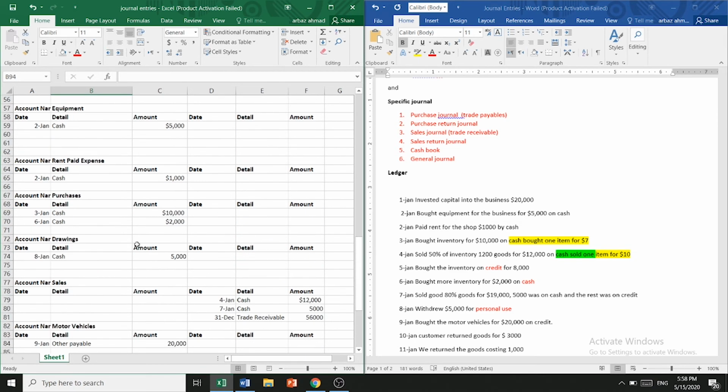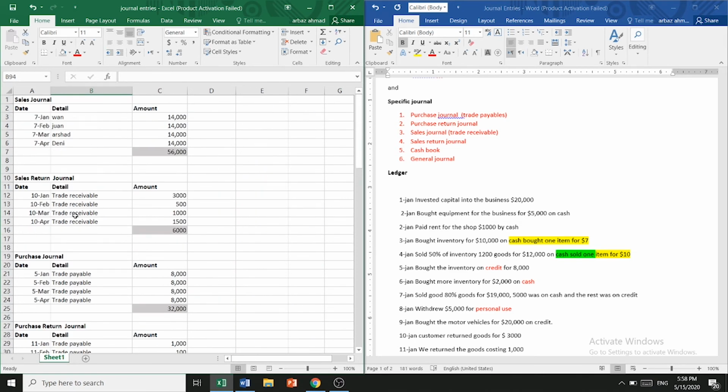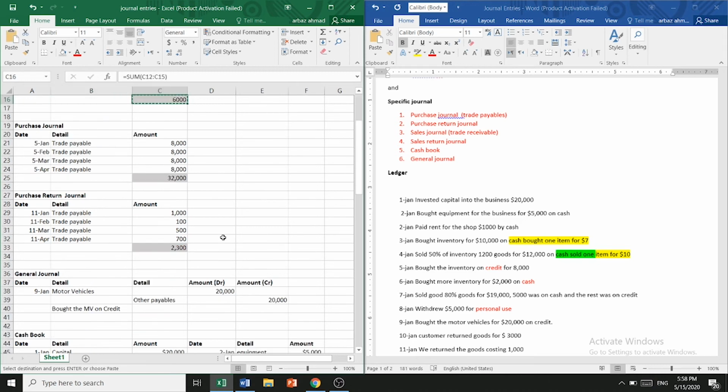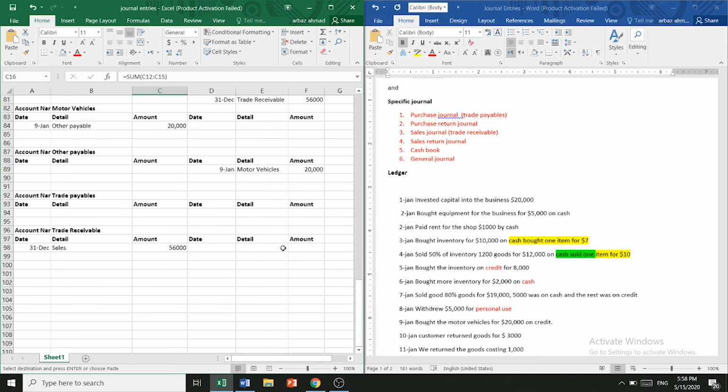Okay, so if we move on with sales return, I am going to take the total, I am going to post it in this, and this is sales return, and the date will be 31st December.